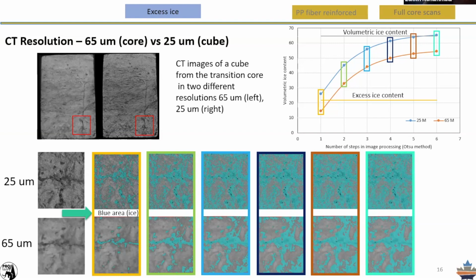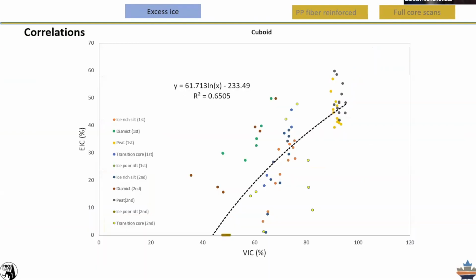In one of the slides, it was an observation, maybe slide 16 or 18, I'm not sure. Yeah, these graphs, here. For the peat samples, we have a volumetric ice content of 100%, but the corresponding excess ice content has a larger range.